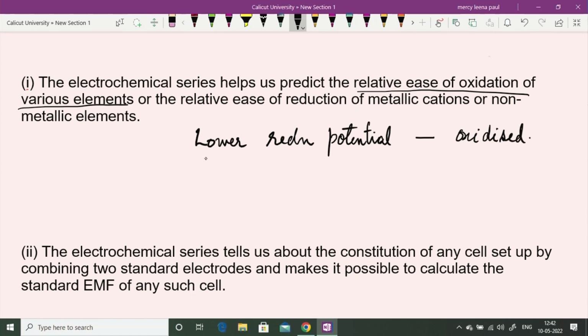Those with higher reduction potentials, lying towards the lower part, usually get reduced. That is what we understand from this part.